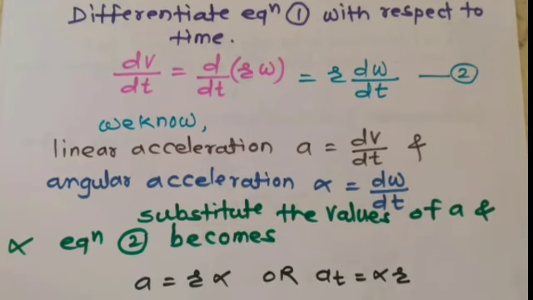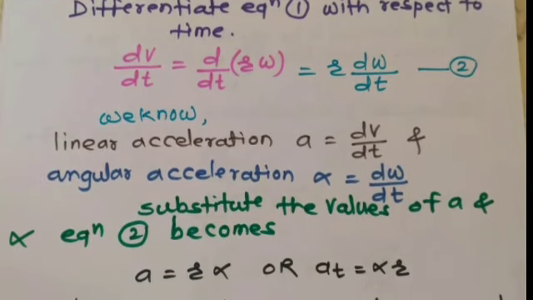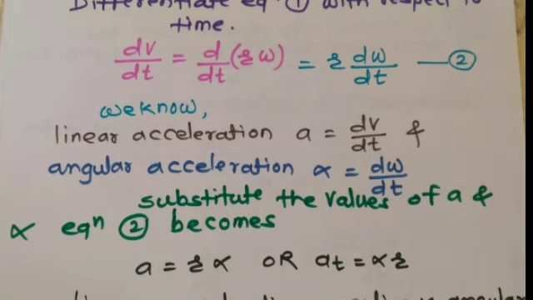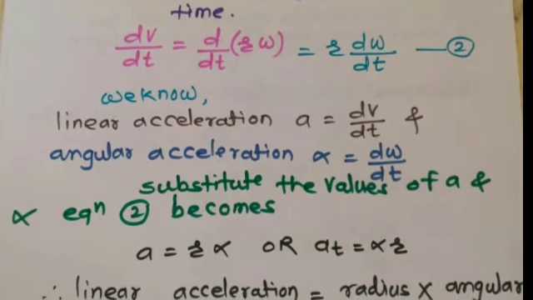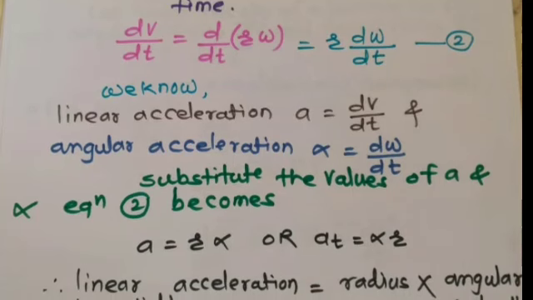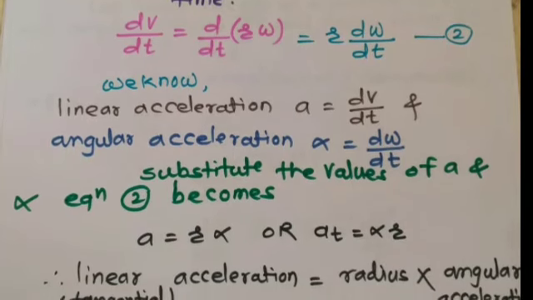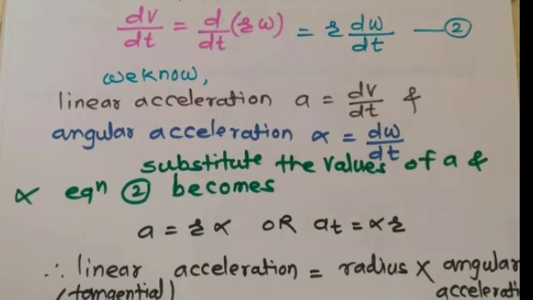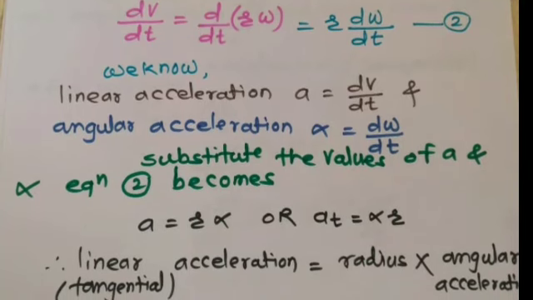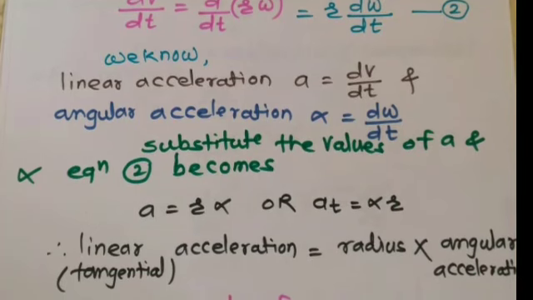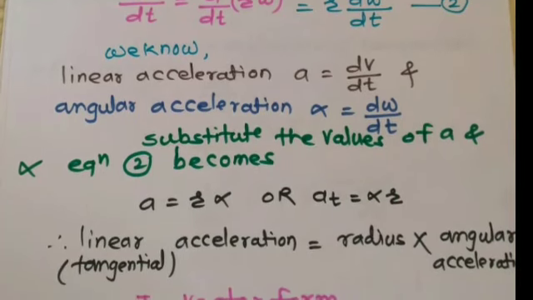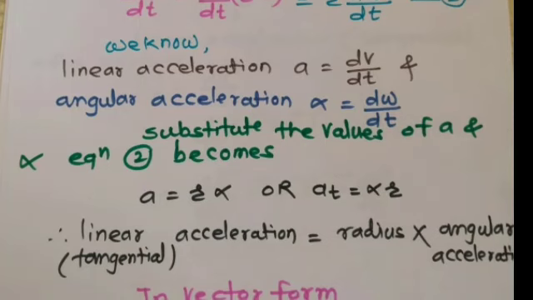Equation number 2. We know linear acceleration a equal to dv upon dt and angular acceleration alpha equal to d omega upon dt. Substitute the value of a and alpha in equation 2. It becomes a equal to r alpha, or a_t equal to alpha r.